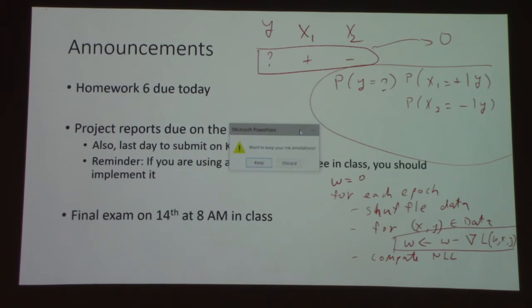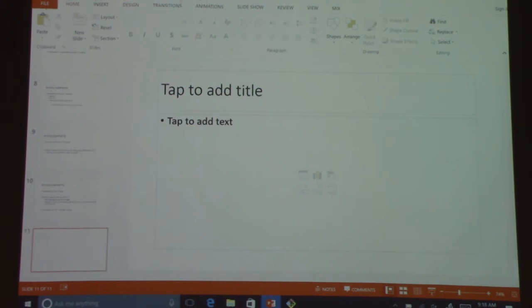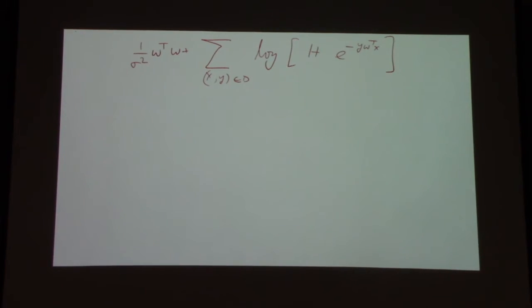That's a good point, and in fact, the objective is half W transpose W over sigma squared, plus the sum over your entire data set of log of 1 plus e to the power minus y_i times w transpose x_i. Right?